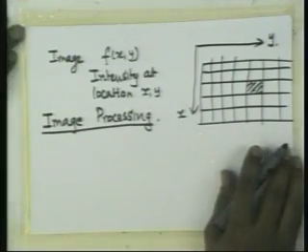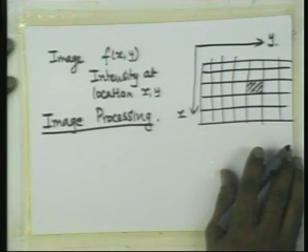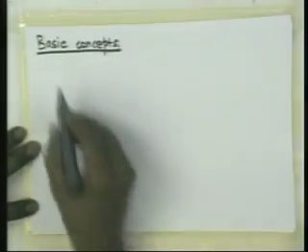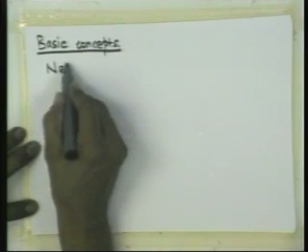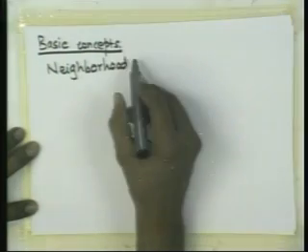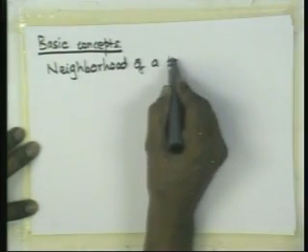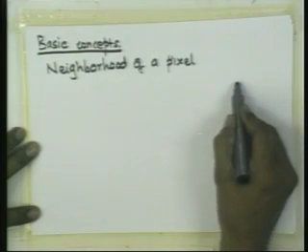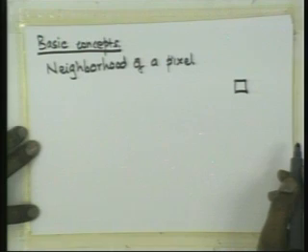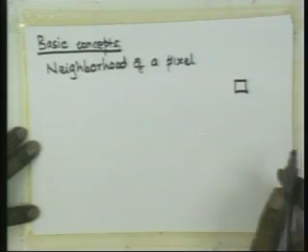But before we look at image processing, we will look at some basic terminology and concepts. First thing is the neighborhood of a pixel. If I have a pixel here, there are some neighboring pixels. There are different types of neighbors I can define.